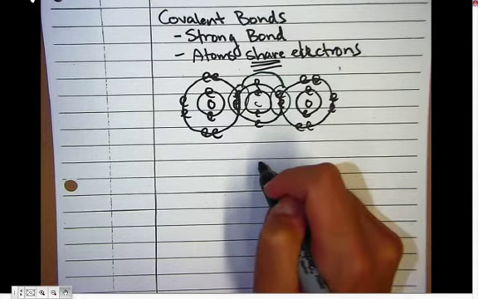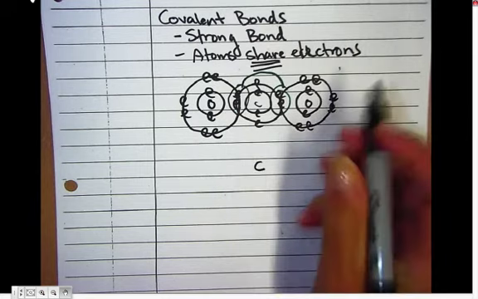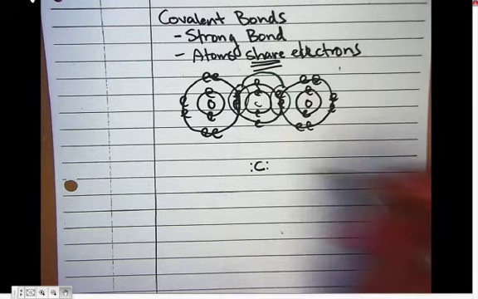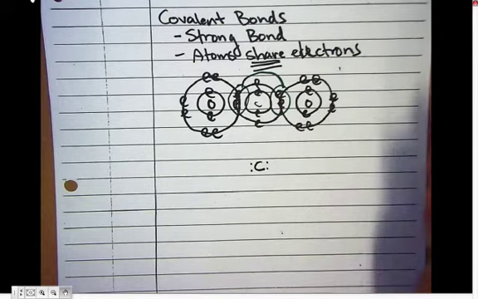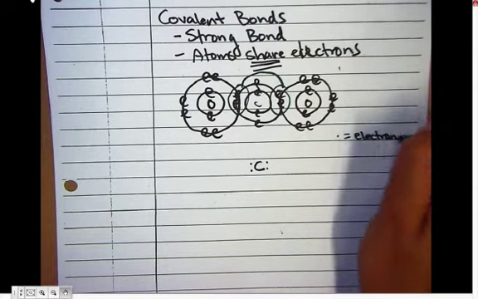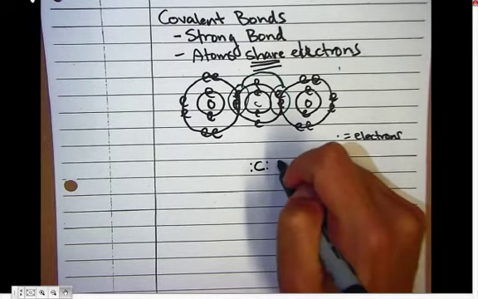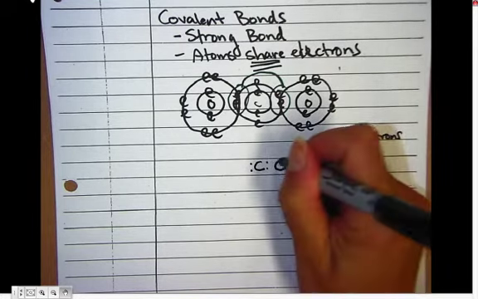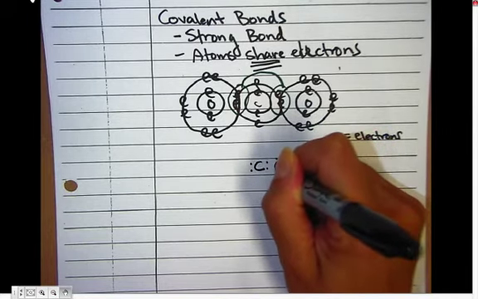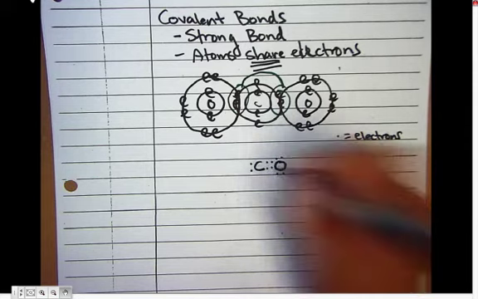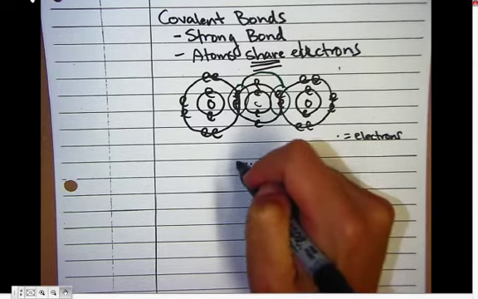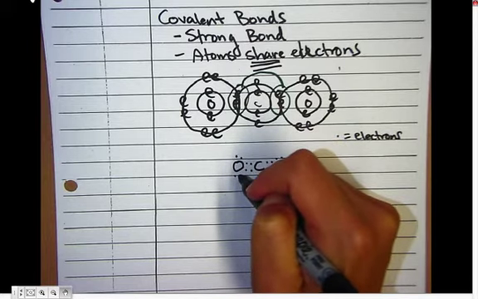And what we do is we draw it as a dot diagram. So we have 1, 2, 3, 4, the 4 outers, and the dots equal electrons on this diagram. And then we also have oxygen that has 6, so it goes like this: 1, 2, 3, 4, 5, 6. And then the same thing on the other side, oxygen with its 6 electrons.